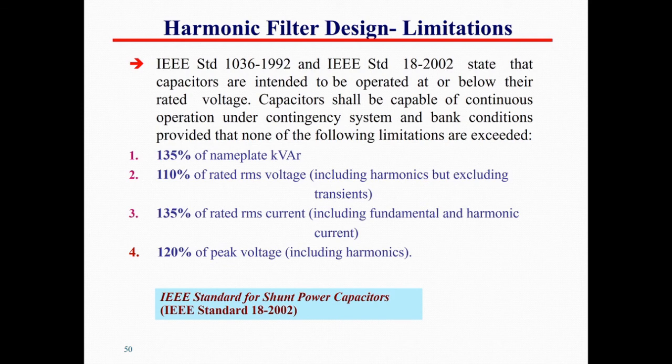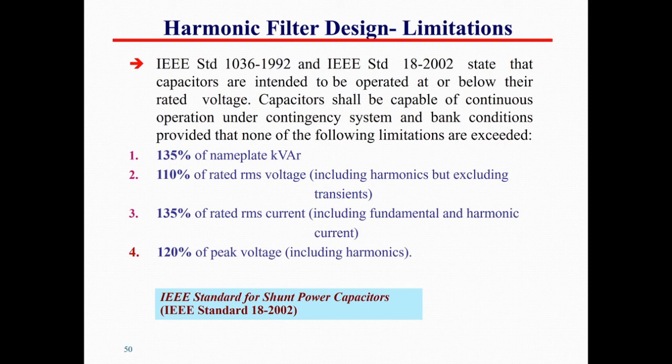Based on IEEE standard 1036-92 and IEEE standard 18-2002 state that capacitors are intended to be operated at or below their rated voltage. Capacitors shall be capable of continuous operation under contingency system and bank condition, provided that none of the following limitations are exceeded.